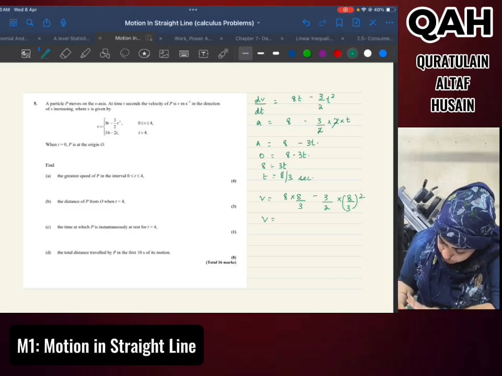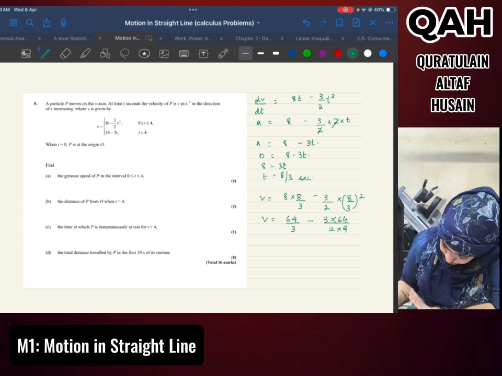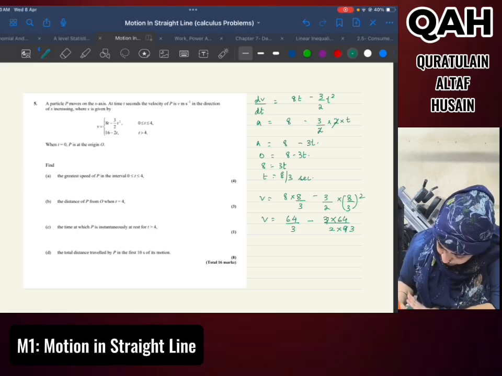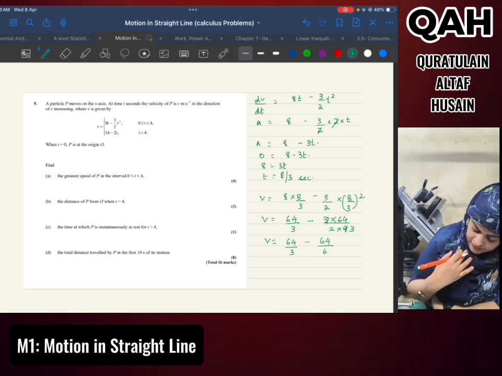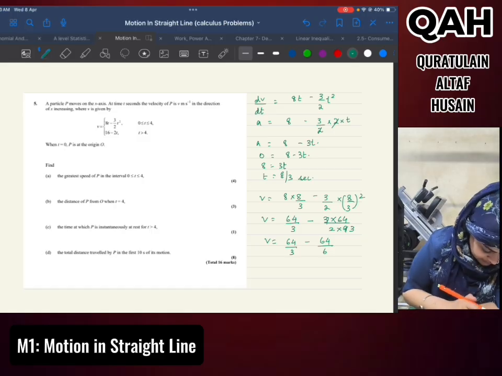So V is equal to 64 upon 3 minus 3 into 64 upon 2 into 9. Right? So this is V is equal to 64 upon 3 minus 64 upon 6. We will calculate it and this will be the greatest velocity.